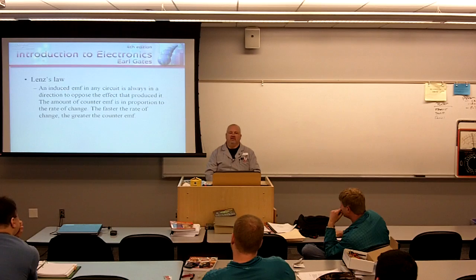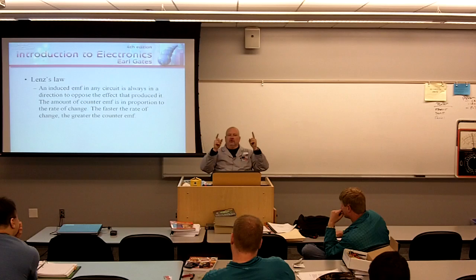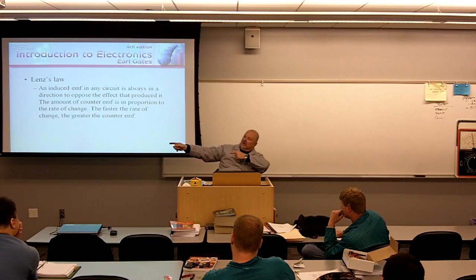So what this means, let's go back to the last chapter that we talked about. Remember magnetism? Remember when we pass current through a conductor, we create a magnetic field? Lenz's law says if the current was going that way, it's going to create an electromagnetic field like this. Make sense?